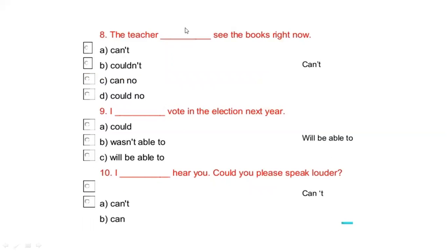Next one, the teacher dash see the books right now. The teacher can't see the books right now. I dash vote in the election next year. I will be able to vote in the election next year. I dash hear you. Could you please speak louder? I can't hear you. Could you please speak louder?